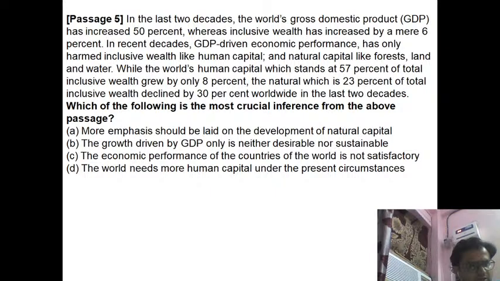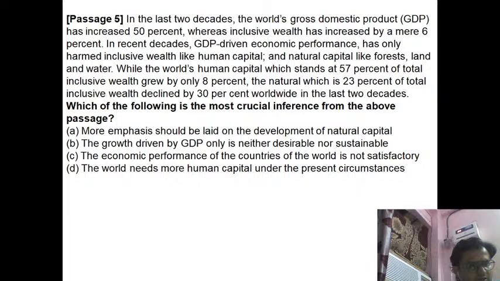In recent decades, GDP driven economic performance has only harmed inclusive wealth like human capital and natural capital like forests, land and water. While the world's human capital, which stands at 50% of total inclusive wealth, grew by only 8%, the natural capital, which is 23% of total inclusive wealth, declined by 30% worldwide in the last 2 decades.